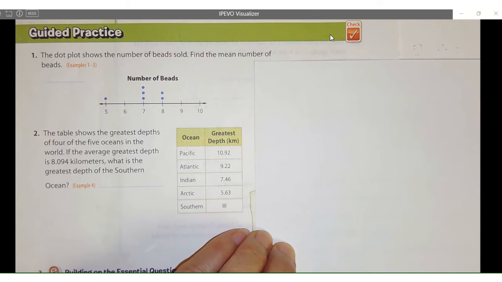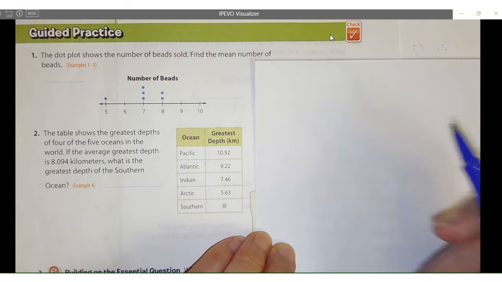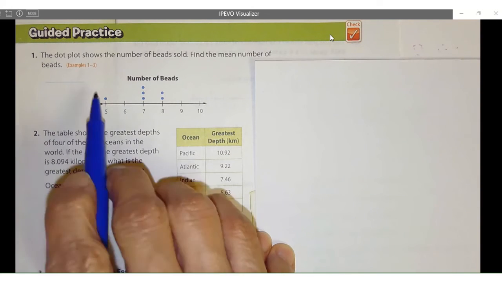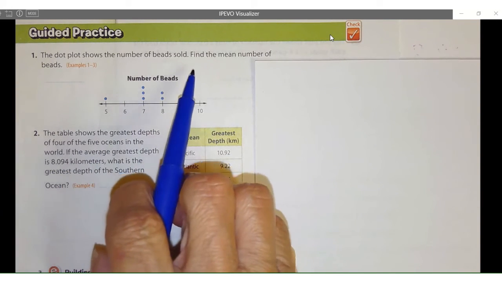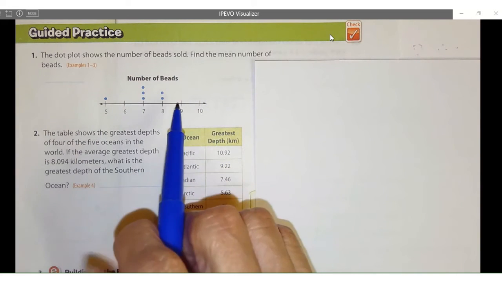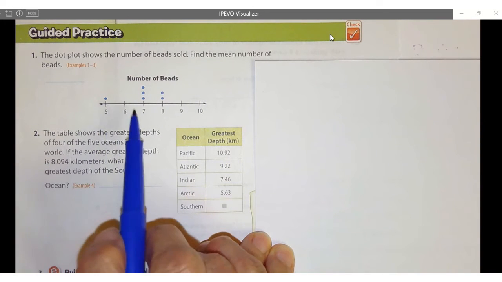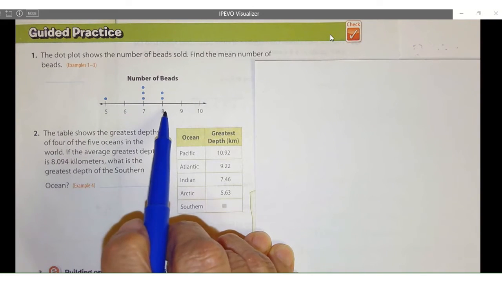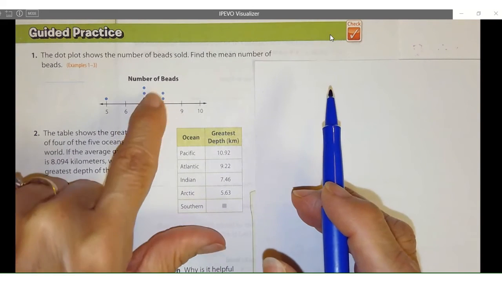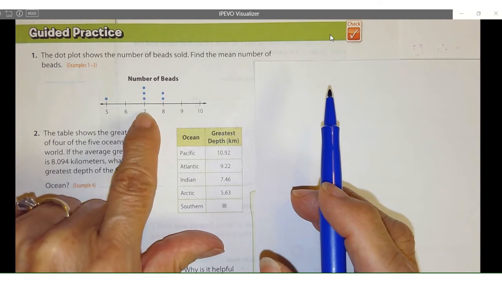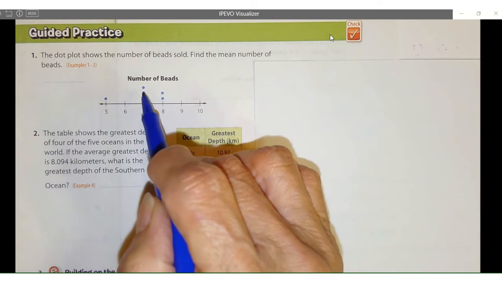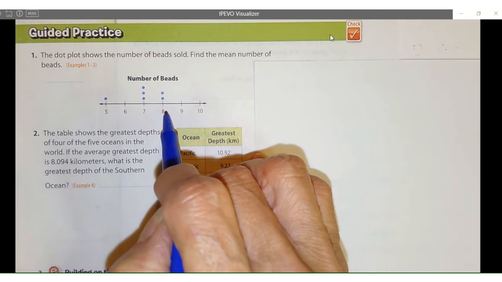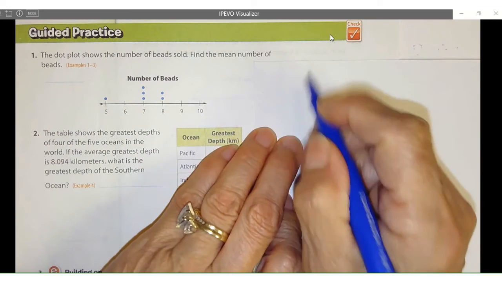Okay, students, let's go ahead and do a couple on our own here. So the dot plot shows a number of beads. So we have 1 at 5, 3 at 7, and 2 at 8. Remember, you need to count the dots above each item. So there's 3 7s, 1 5, and 2 8s.